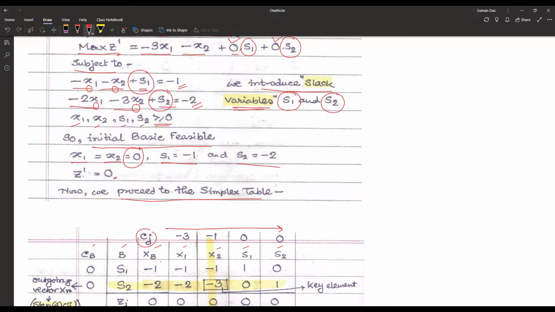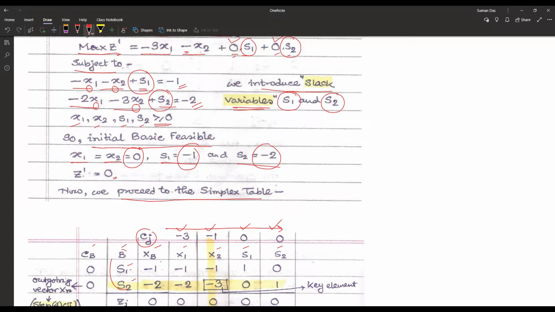For x1 the coefficient is -3, for x2 it is -1, for s1 the coefficient is 0, and for s2 the coefficient is 0, so those are written here. The basic variables are s1 and s2, and their basic feasible solution values are -1 for s1 and -2 for s2.